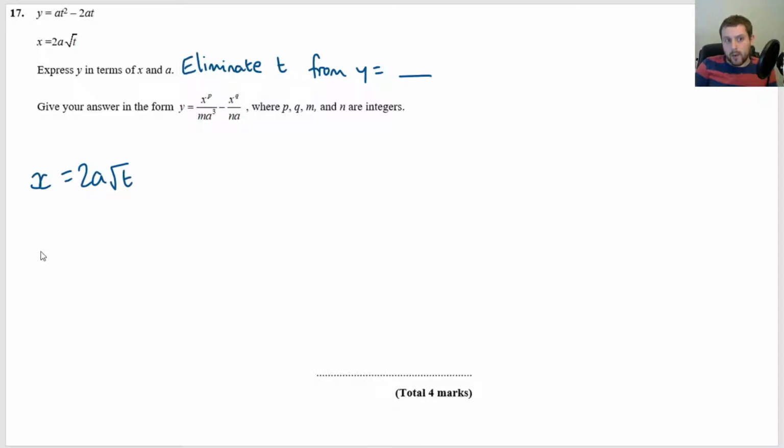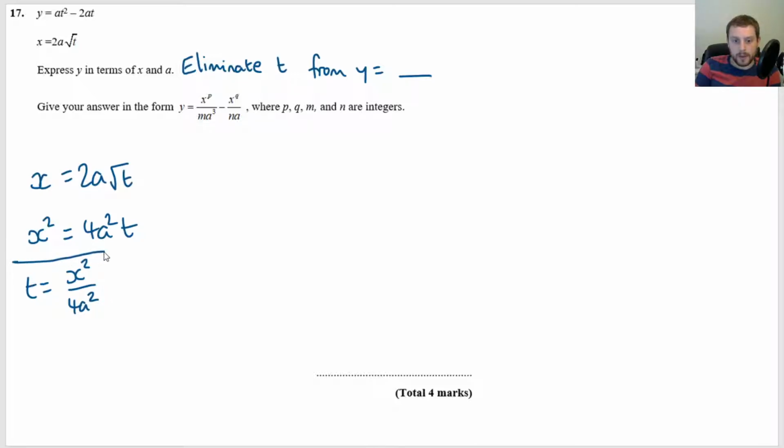Let's square everything to get rid of this square root. So X squared is, well, if I square a product, it's each of the individual things getting squared. So that's 4A squared T, which means T is X squared over 4A squared.